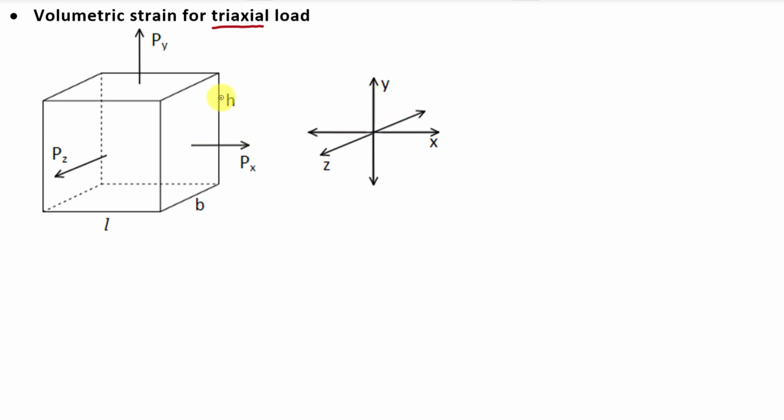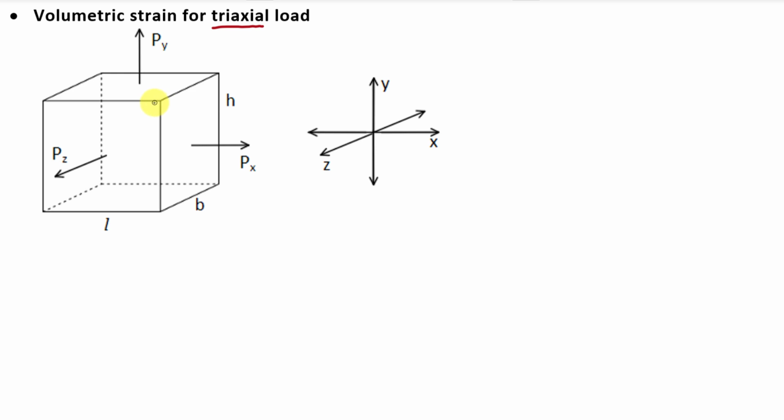And we apply three different loads on three surfaces of body. We apply axial load Px in the X direction, axial load Py in Y direction and axial load Pz in Z direction. Here there are also three loads which are equal in magnitude and opposite in direction at the opposite surfaces of this cuboid.